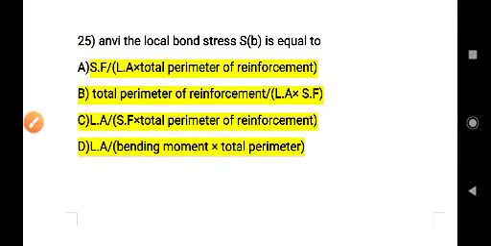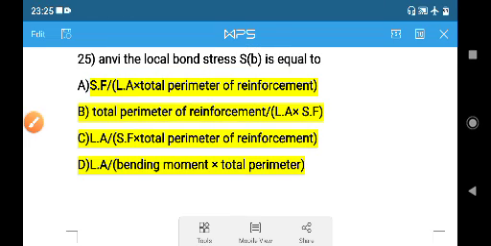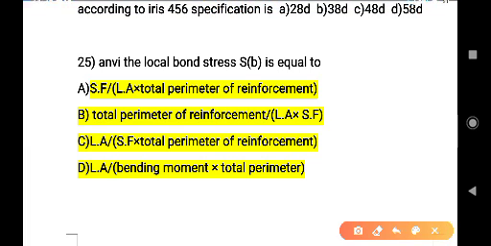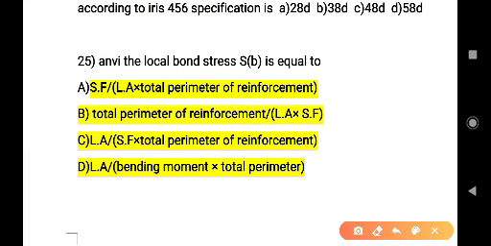Question number 25. In a beam, the local bond stress S suffix B is equal to: option A, shear force by lever arm into total perimeter of reinforcement; option B, total perimeter of reinforcement by lever arm into shear force; option C, lever arm by shear force into total perimeter; option D, lever arm by bending moment into total perimeter.